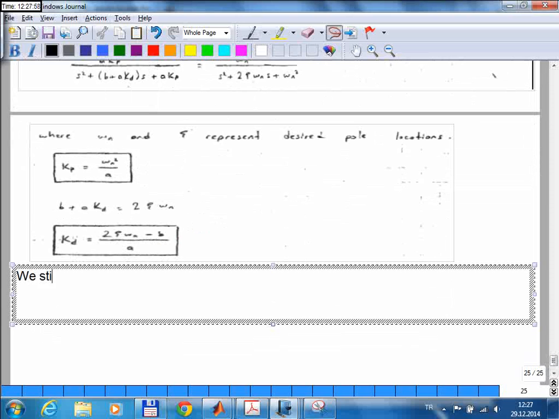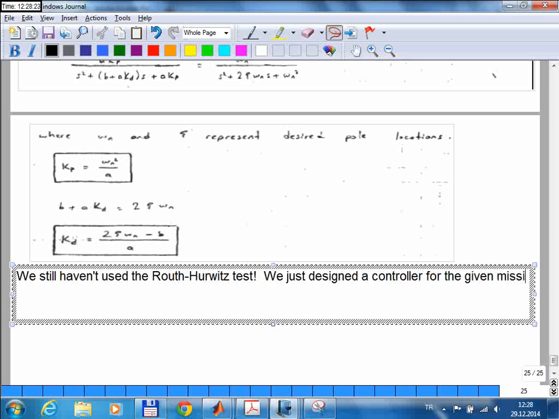First let me tell you that we still haven't used the Routh test. We have just designed the controller for the given missile. We were given the controller structure.